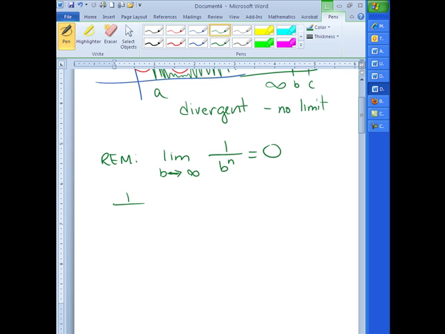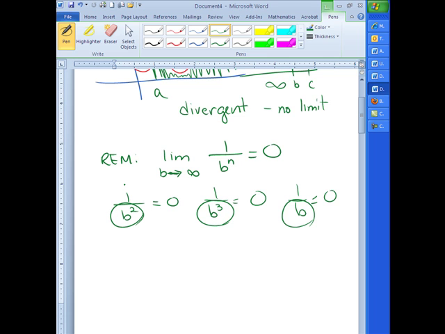So the limit as B goes to infinity of 1 over B squared, that's 0, of 1 over B cubed, that's 0, just 1 over B, that is also 0. Because as the denominator gets larger and larger and larger, the value of 1 divided by that denominator will get smaller and smaller and smaller, and it will get closer to 0.